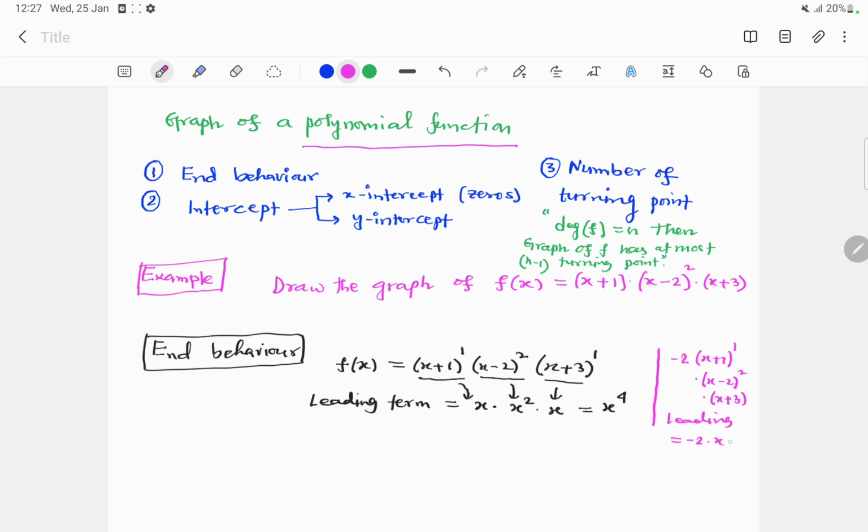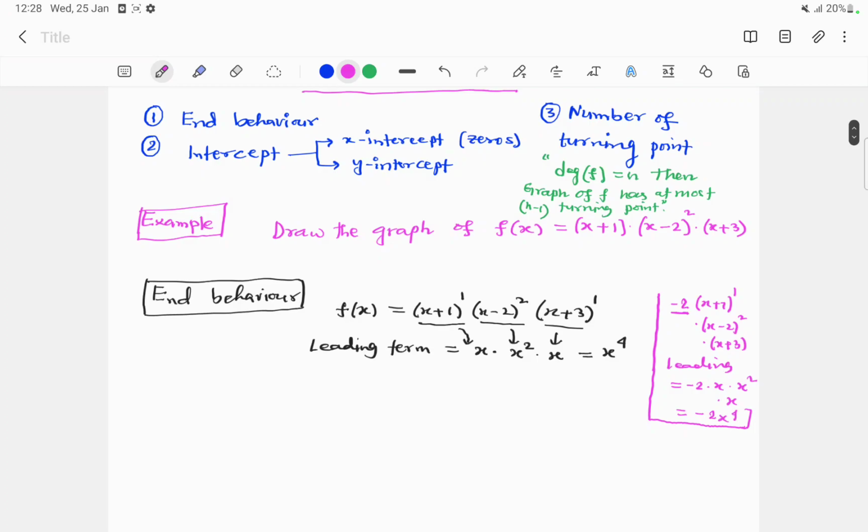From this you get x, from here x square, from here x. So the leading term will be minus 2x to the power 4. Basically, if you have something before the factorization, you have to include it in the leading term. So in our situation, the leading term is simply x to the power 4.